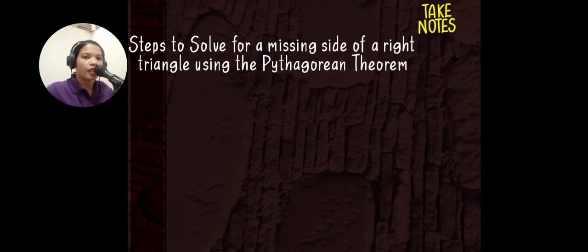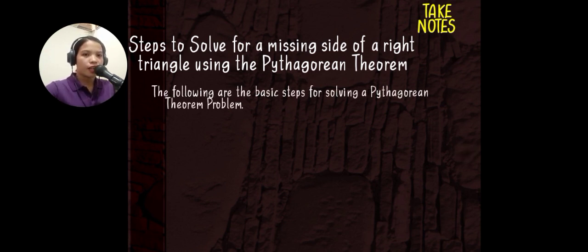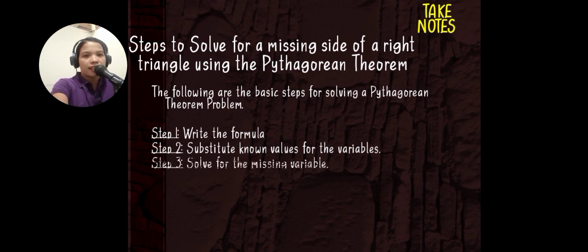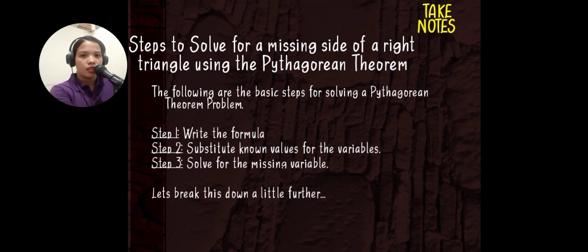We have here the steps to solve for a missing side of a right triangle using the Pythagorean theorem. Take notes. The following are the basic steps for solving a Pythagorean theorem problem. First is to write the formula, of course. Step 2, substitute known values for the variables. Next is to solve for the missing variable.